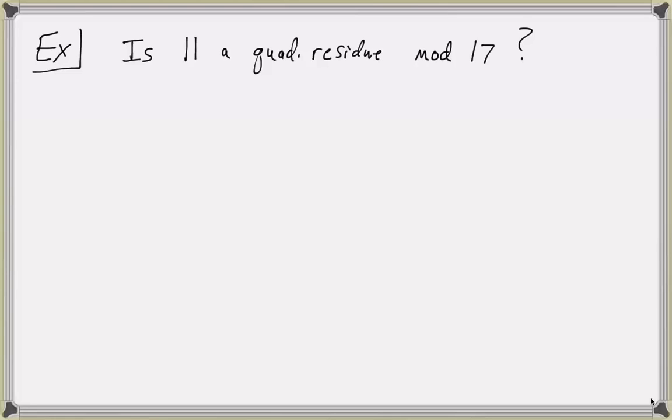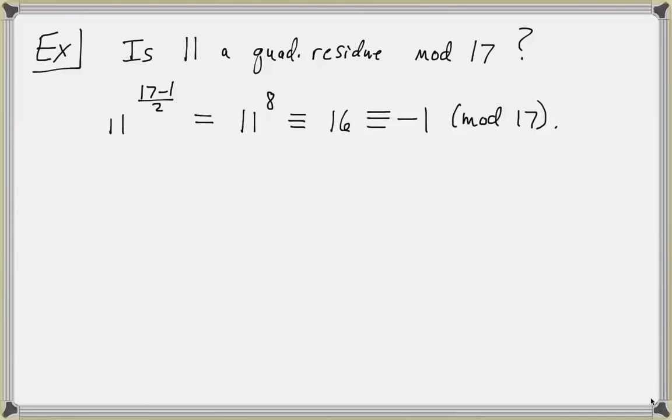Well, by Euler's criterion, we just have to simplify 11 to the power 17 minus 1 over 2 mod 17. This is 11 to the power 8, and if you multiply this out, this is congruent to 16 mod 17, and 16 is negative 1 mod 17. So therefore, 11 is a quadratic non-residue mod 17.